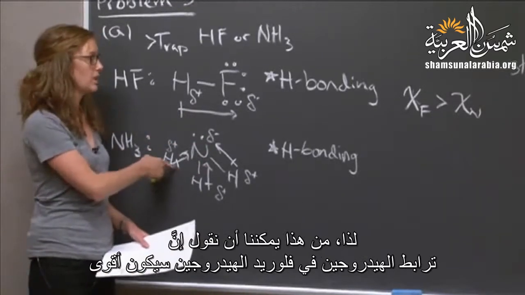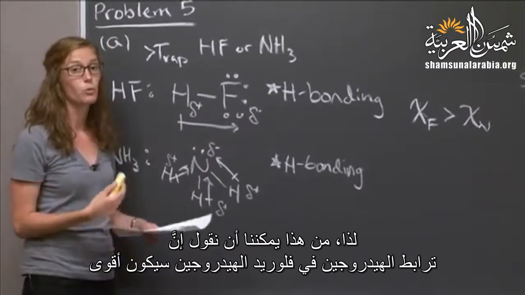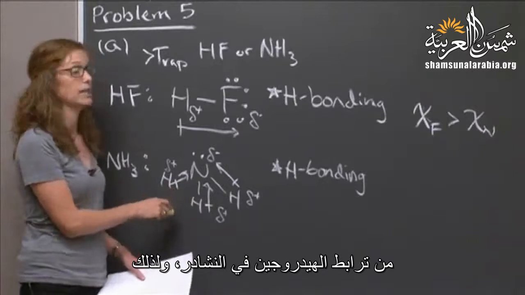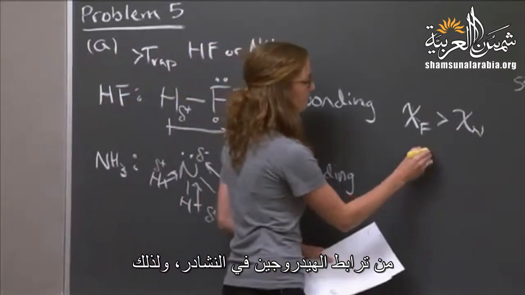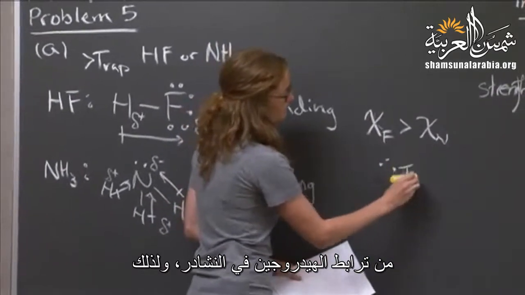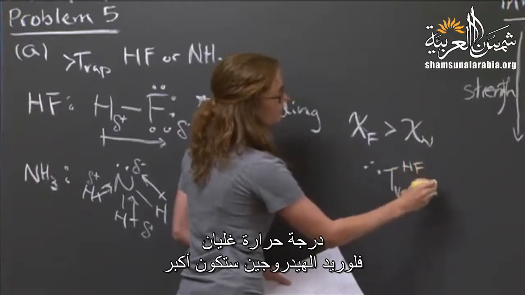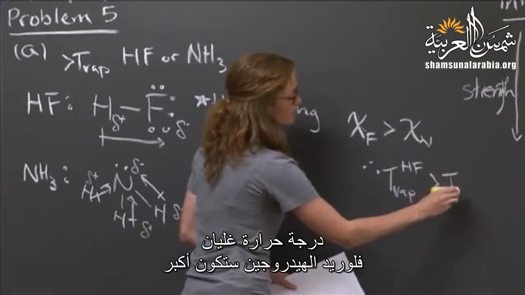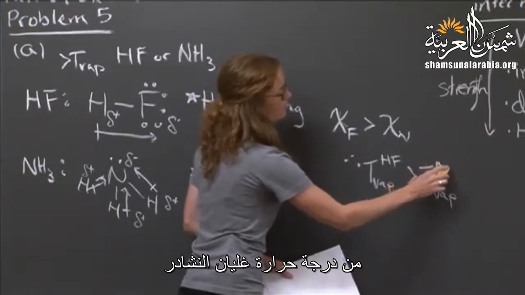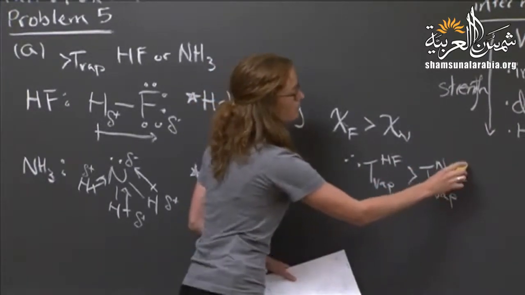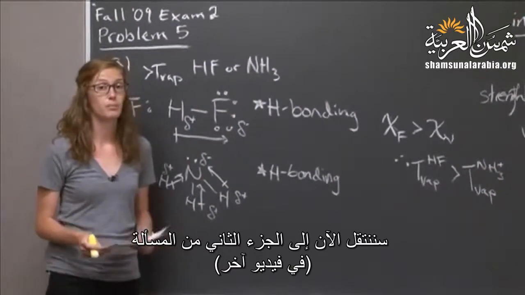And so from this, we can say that the hydrogen bonding in HF will be stronger than the hydrogen bonding in ammonia, and therefore the temperature of evaporation of HF will be greater than the boiling point of ammonia. So now we're going to move on to part B.